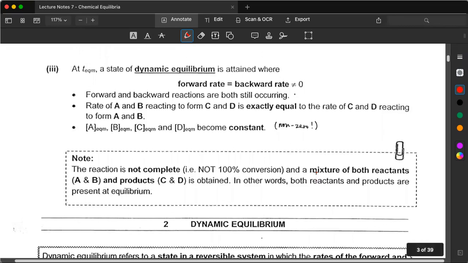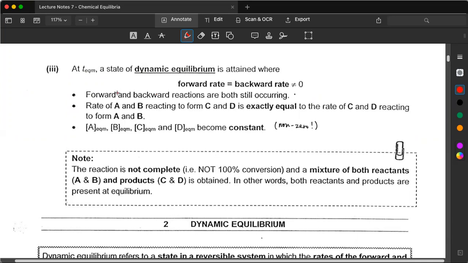Now, so at a state of dynamic equilibrium, dynamic means the reaction is still progressing, it's not stopping. When the forward rate and the backward rate is equivalent, but they will never be equal to 0, we have to understand that, okay, the reactions are still occurring for both the forward and backward reaction.